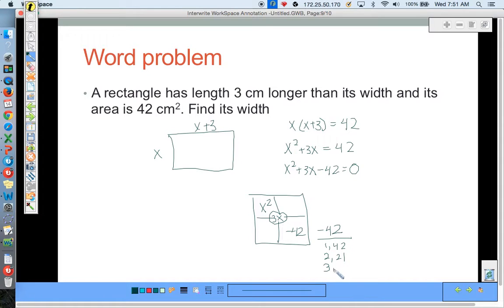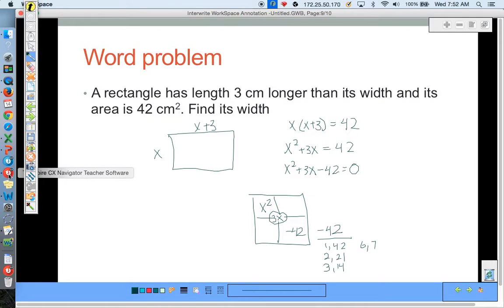It's 14. 4 doesn't, 5 doesn't, 6 and 7. I must be missing one here. You guys see anything that I'm missing? Maybe this one is not factorable.